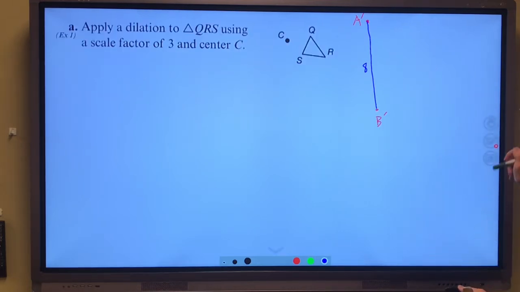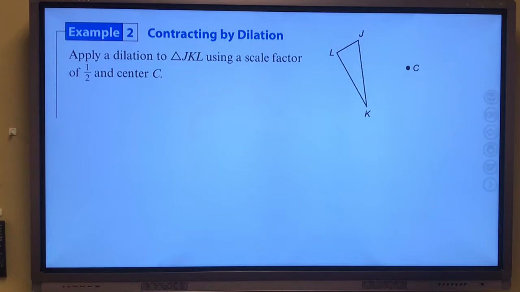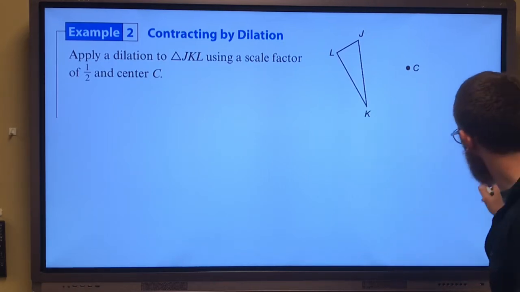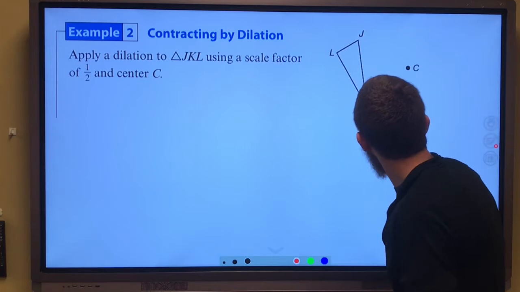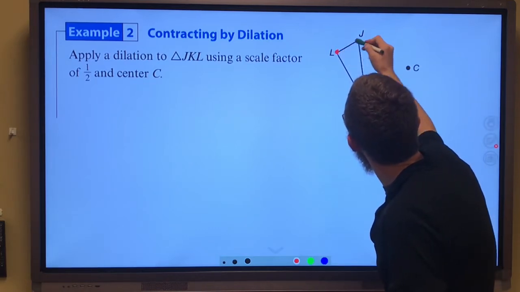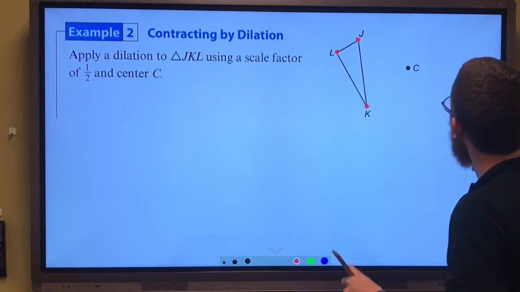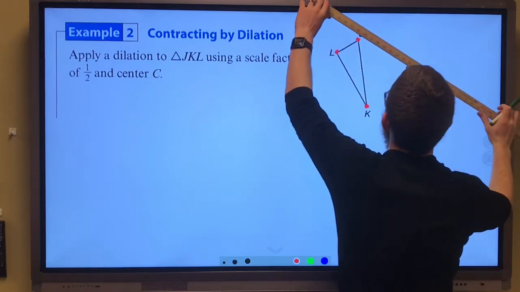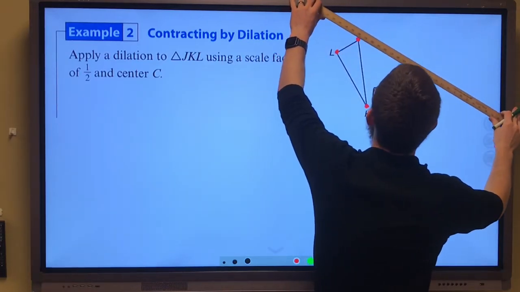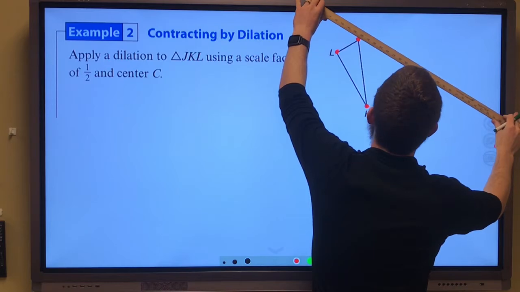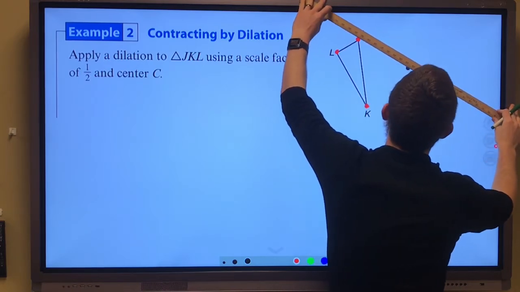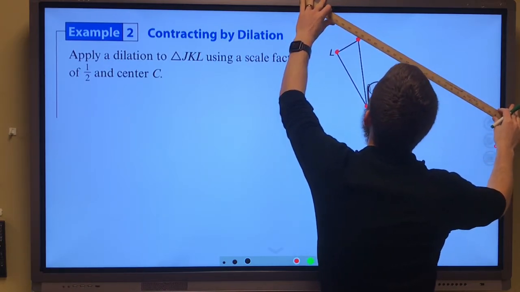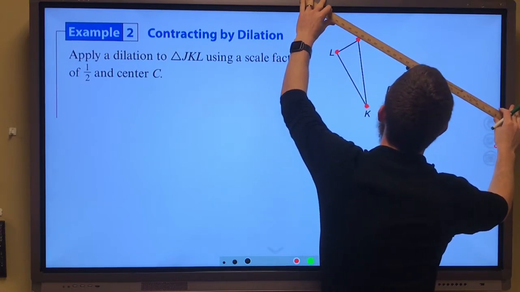Now, here it says apply a dilation to triangle JKL using a scale factor of 1/2 and center C. Helpful if I make these some nice points here. Well, I'm going to find the distance between J and C. Between J and C is about 8 inches.